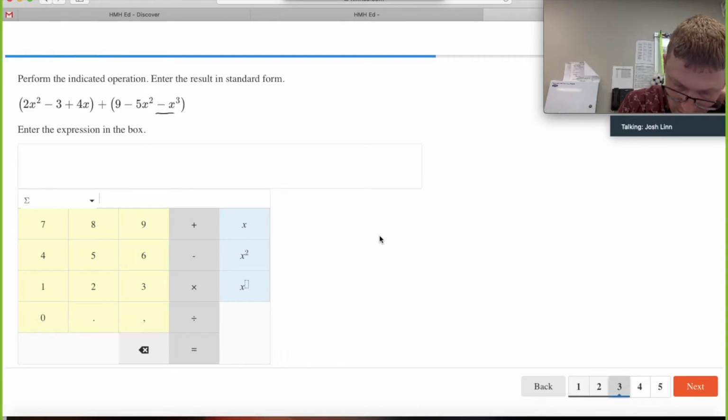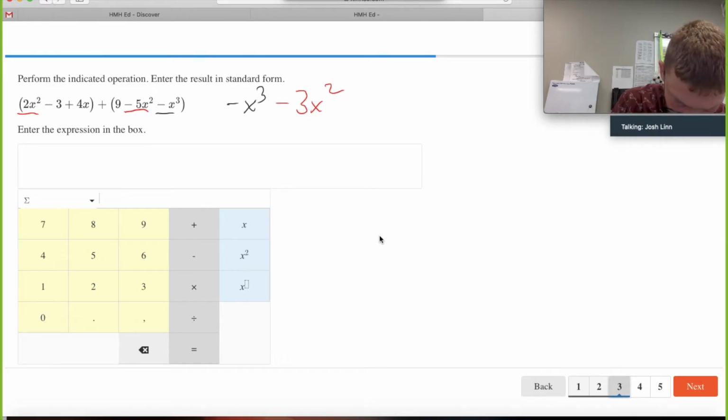So I see 1x cubed, so that is negative x cubed. I see 2x squareds, so that's a positive 2 and a negative 5, so that's going to be minus 3x squared.